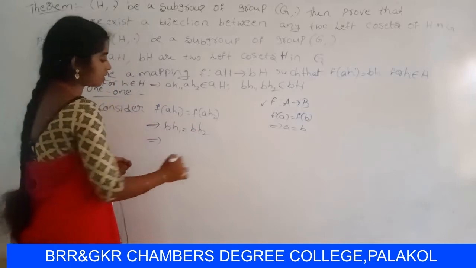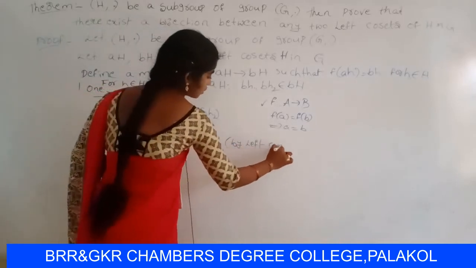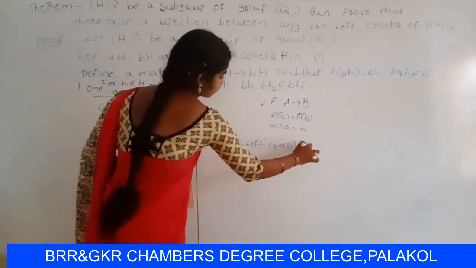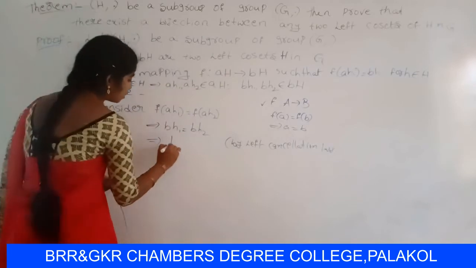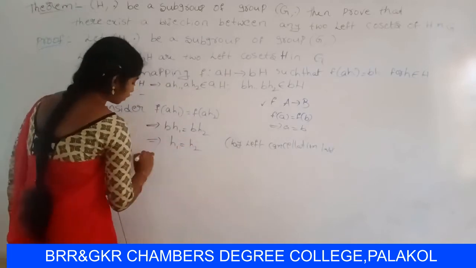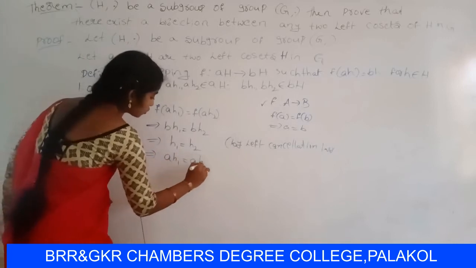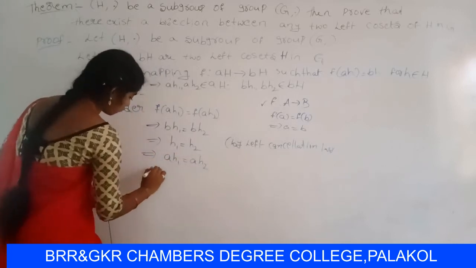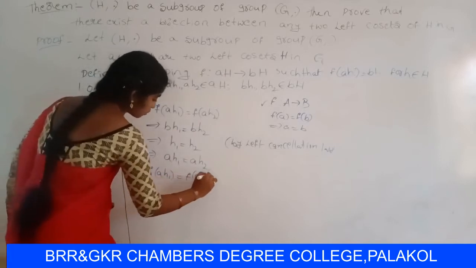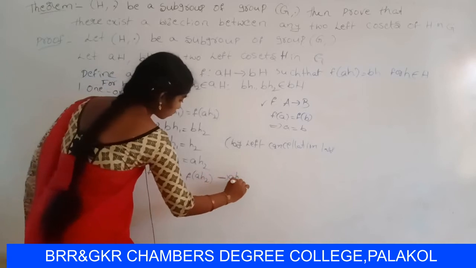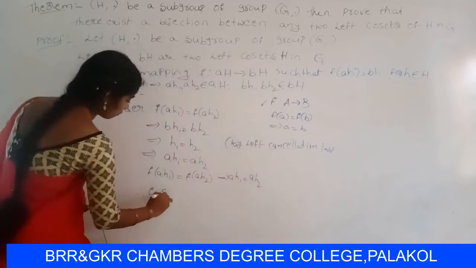So by the left cancellation law, h1 is equal to h2. So multiply on both sides by a, so ah1 is equal to ah2. Therefore f of ah1 equal to f of ah2 implies ah1 is equal to ah2. Therefore f is one-one.